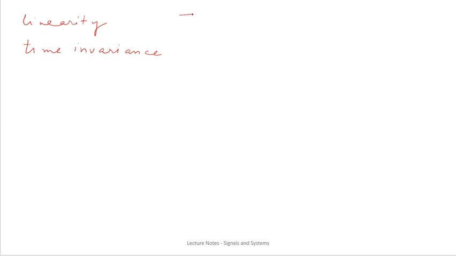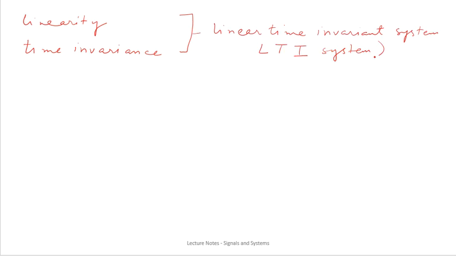I already told you that whenever a system possesses both these properties, we call it a linear time invariant system, or in short an LTI system.